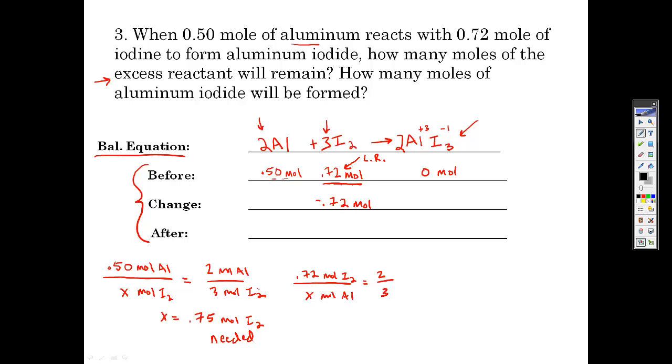Actually, sorry, I'm using the wrong ratio. This should be 3, because that's iodine, and this should be 2 because that is Al. Okay, if I go through this with my limiting reagent, I find that I'm going to react 0.48 moles of aluminum.